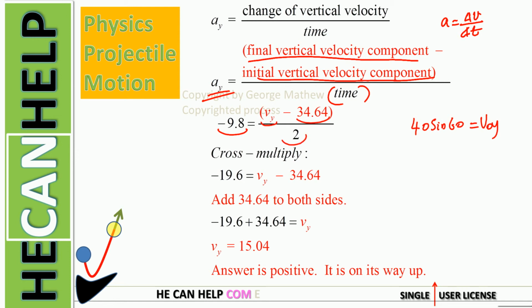You cross multiply, you get 2 times negative 9.8, that is negative 19.6, equal to Vy minus 34.64. Add 34.64 to both sides, and you get the final vertical component after 2 seconds to be equal to 15.04. Note that it is positive. That means it is on its way up.